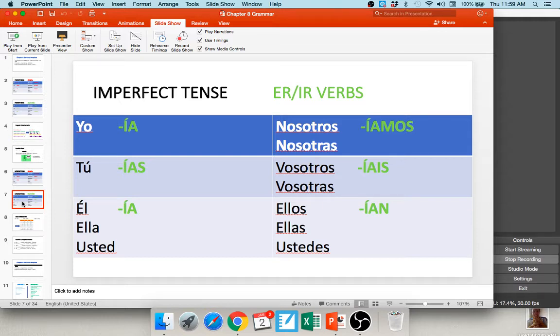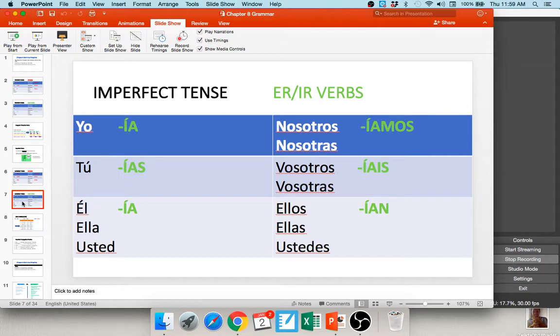Okay, so these are your imperfect endings. So repeat with me. Ia, ias, ia, iamos, iais, ian. And these are your imperfect endings for ER and IR verbs. So for a verb like comer, you end up with comía, comías, comía, comíamos, comíais, and comían.